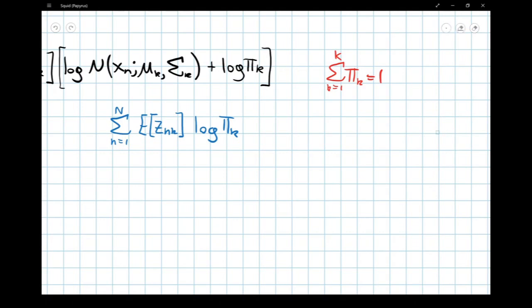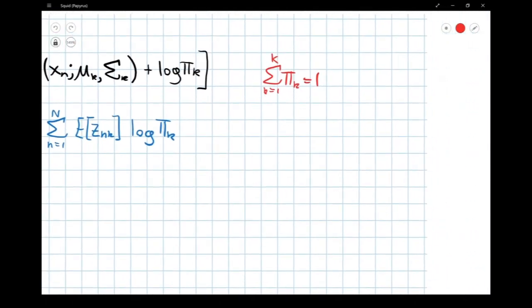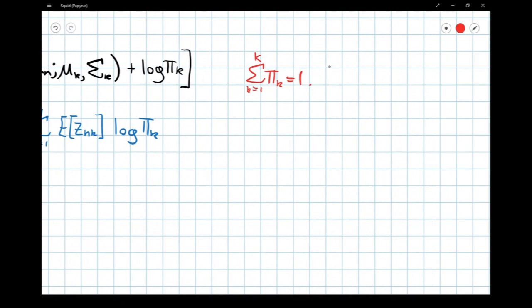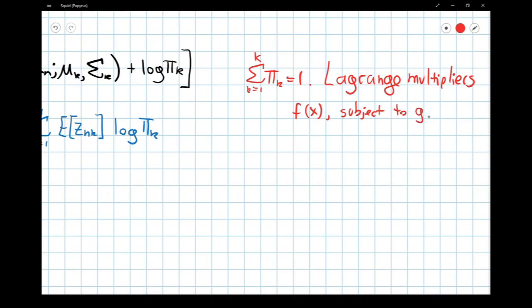When we do constrained optimization, it's often a good idea to use something called Lagrange Multipliers. Stated briefly, let's say we want to find the x that minimizes f of x, but it's subject to some kind of constraint, which we usually write as g of x is equal to 0.